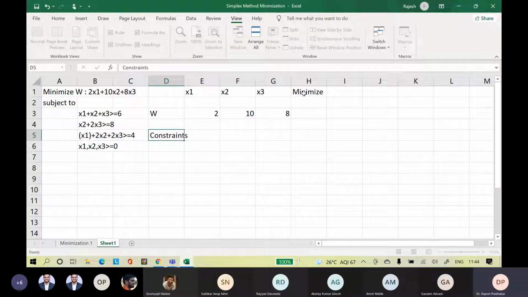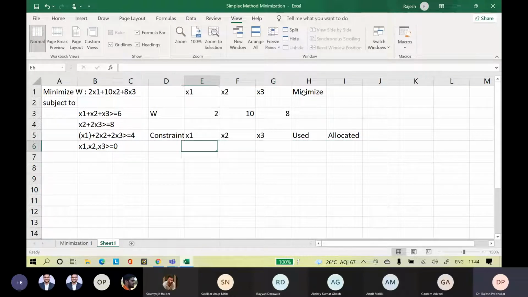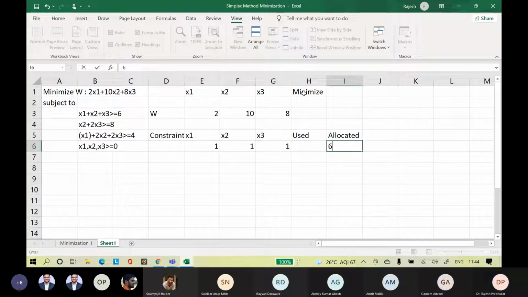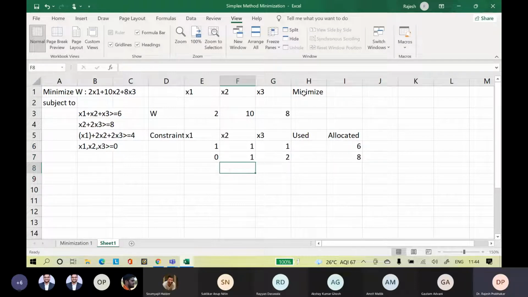Constraints: x1, x2, x3 used, allocated. So 1, 1, 1, then 0, 1, 2, 8, then minus 1, 2, 2, 4.